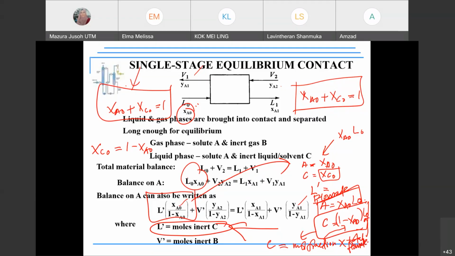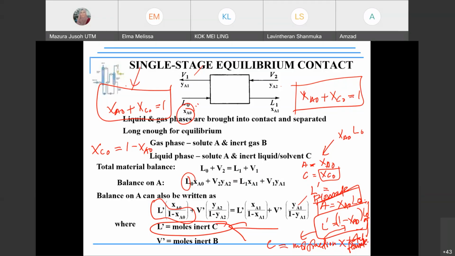So from this equation, the flow rate of C has a new name, which is L prime. So when you insert L naught here, you will get that equation.